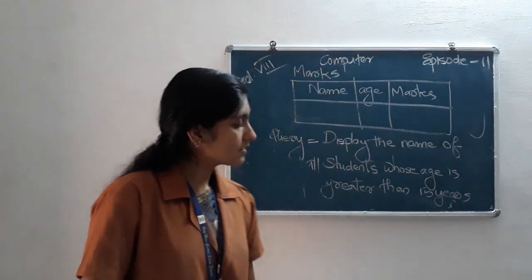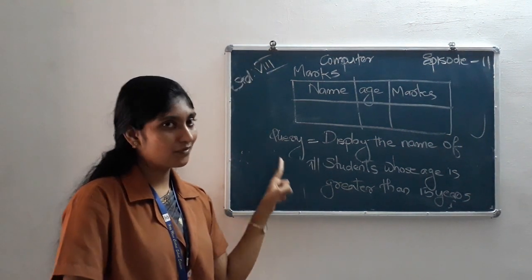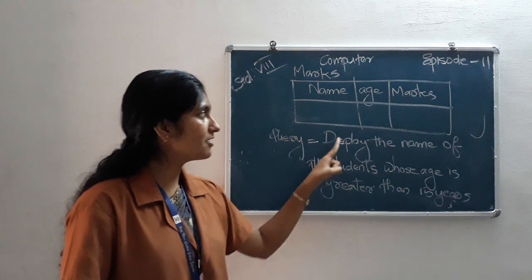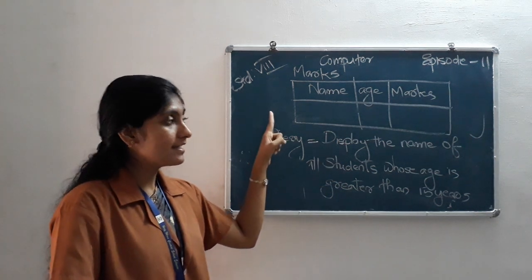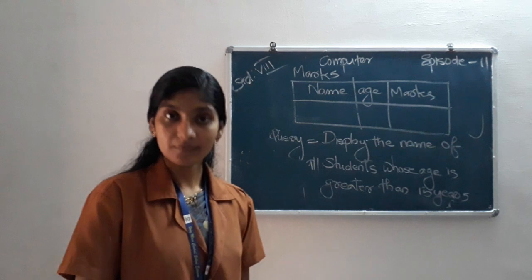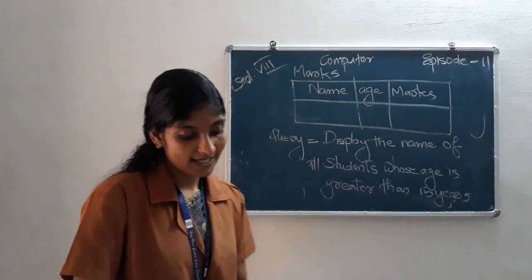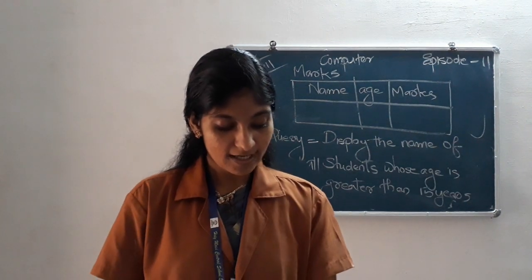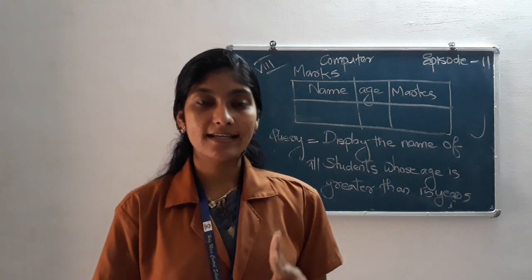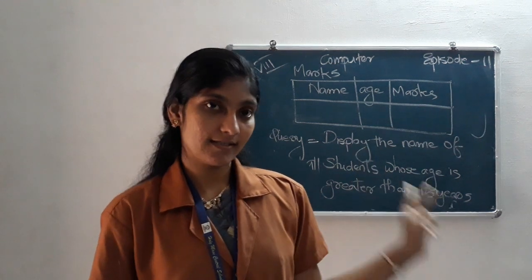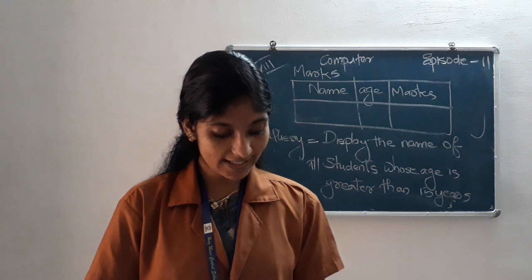So before that, adding fields to the query. Adding a field means we can add the field name, age to the query. There are two options. We can add all the fields in a table, and also we can add selective fields.